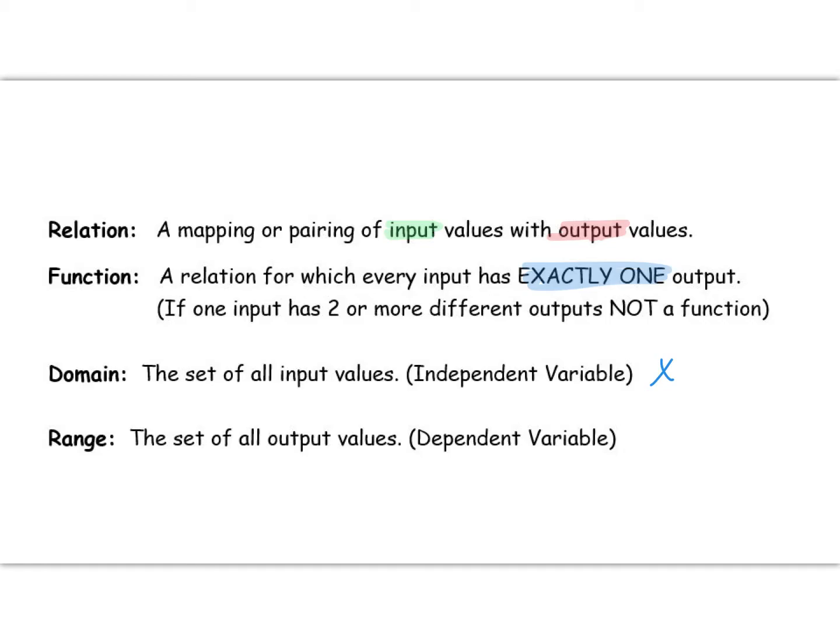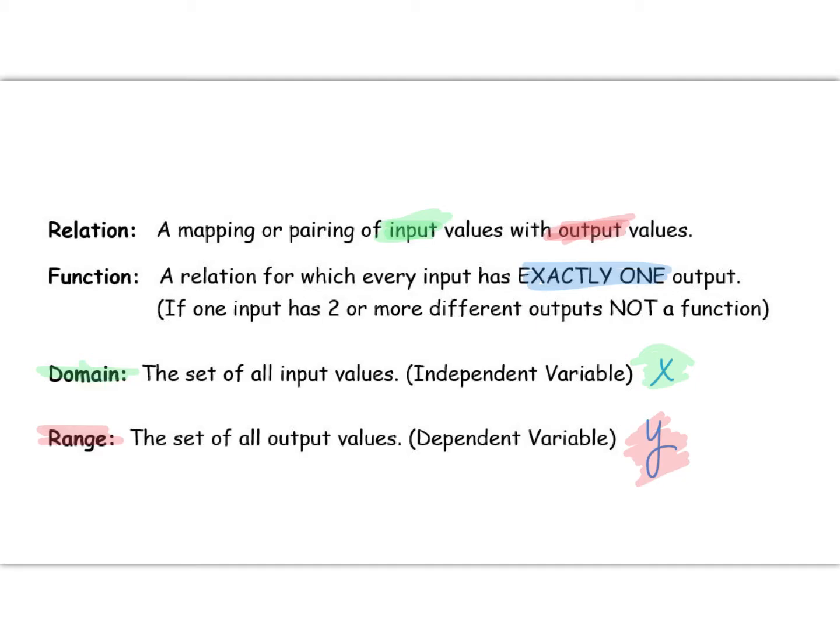That's called our dependent variable, and typically, by process of elimination, is going to be our y's. So domains are our x's, which is also our input. Domain is input, which is also the x's. The range is the output values, which is typically our y's. So a way to remember all that: domain is the x, range is the y.